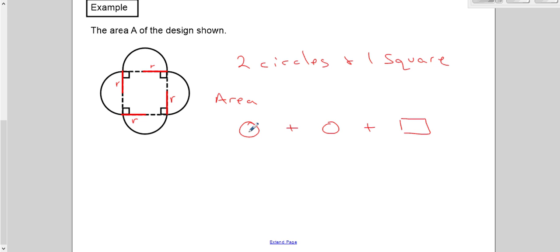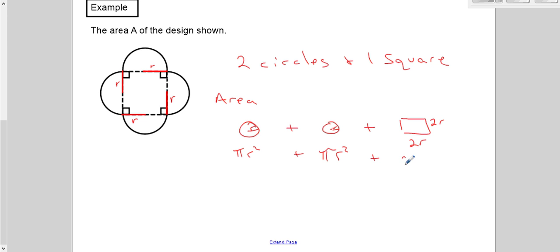Well, the area of a circle with a radius of r is pi r squared. Circle again with a radius of r, pi r squared. What are the sides of the square? Let's look. Half the distance is r, so the full distance would be twice the value, 2r.